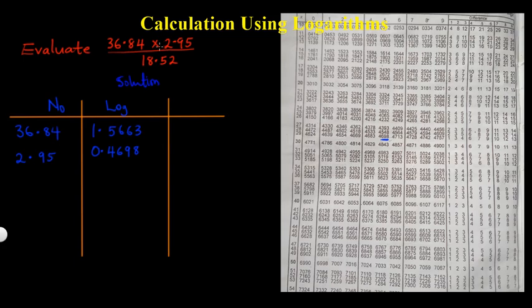Now, looking at this, the multiplication in indices, don't forget multiplication will change to addition. As such, we'll be adding these two numbers. 3 plus 8 is 11.